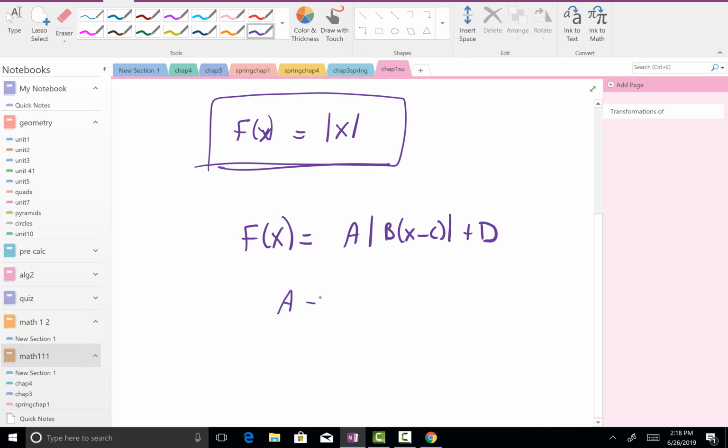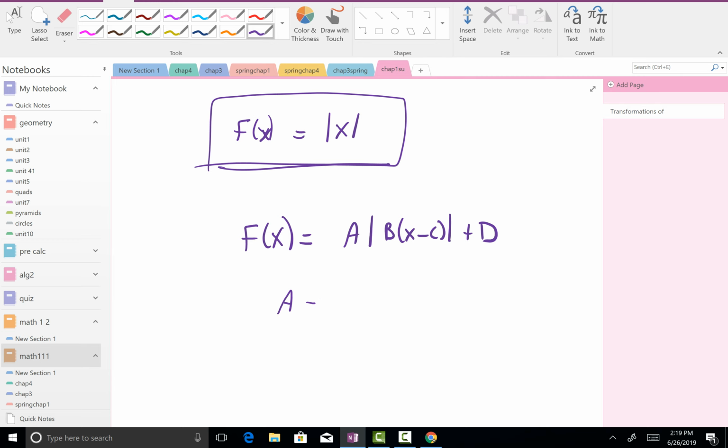What does a do to it? Hopefully you paused it again each time, and maybe you're jotting some things down for each one of these, so we're gathering some ideas. Okay, that's kind of what I was hoping we would be able to do here. So a, hopefully you have some ideas on what a does.